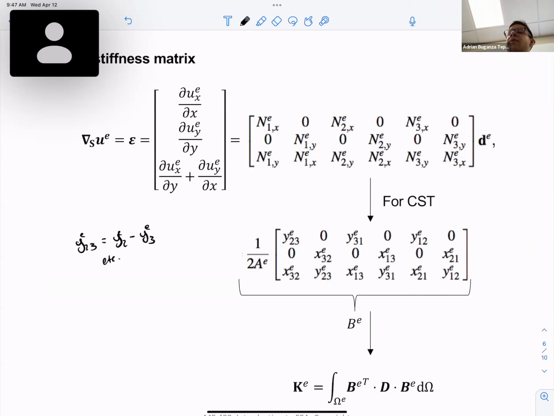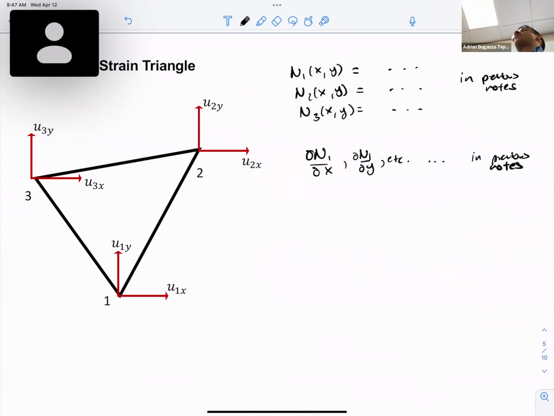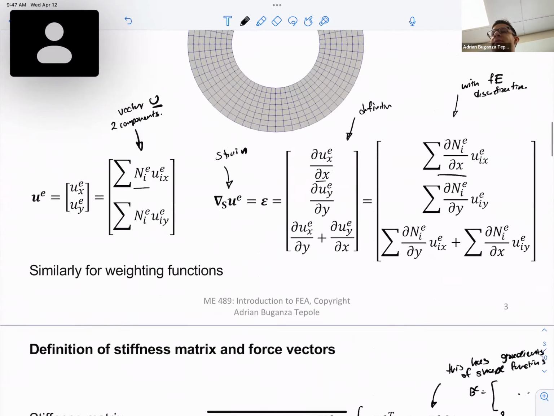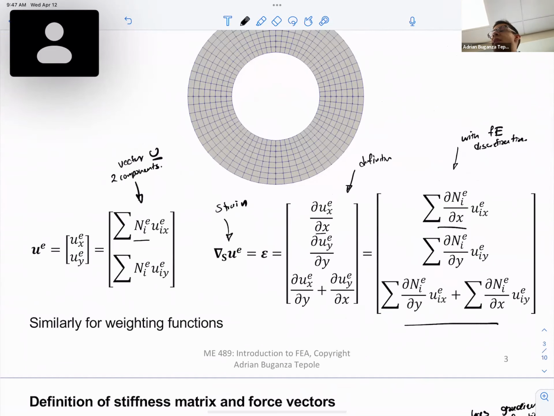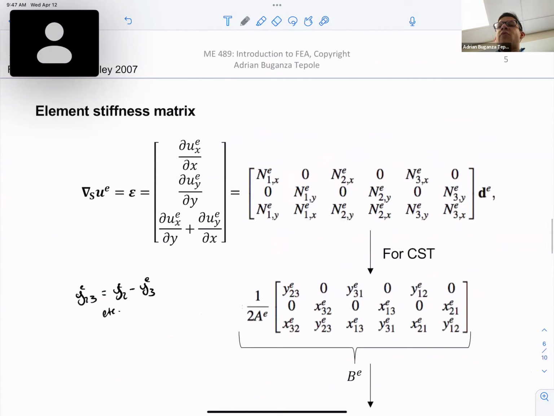This B matrix comes from the fact that we have an explicit definition for the shape functions and the derivatives. When you put that into this with all the different shape functions, and put it in the different columns, what you end up with is this description.